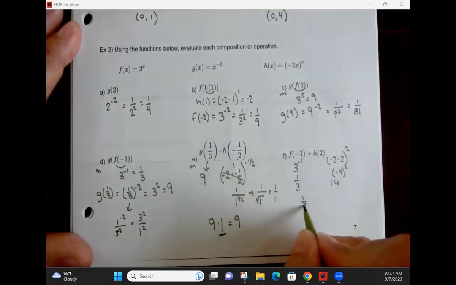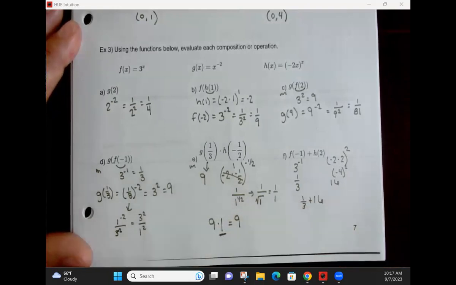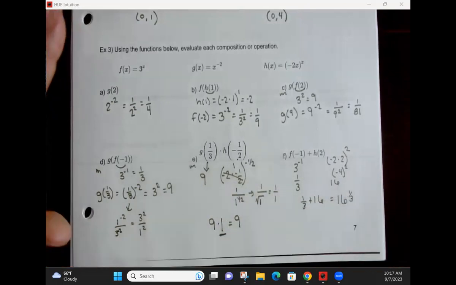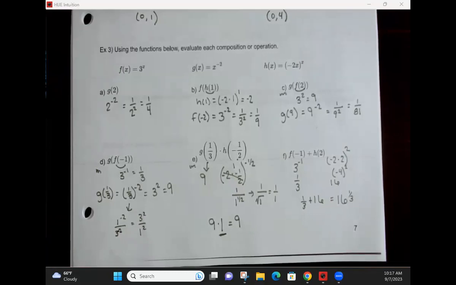So we have 1/3 plus 16. 16 1/3. Questions for me on our evaluating for today? Not too bad?